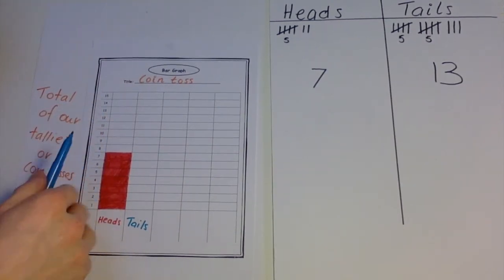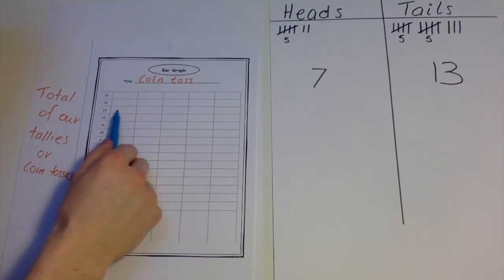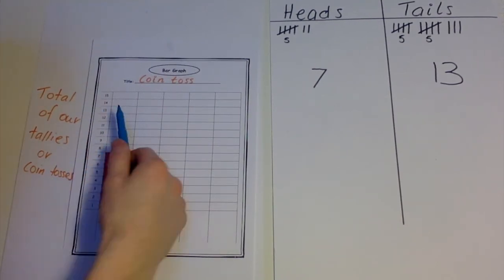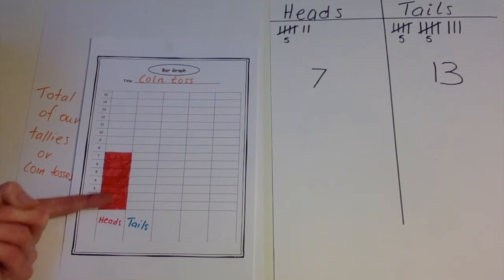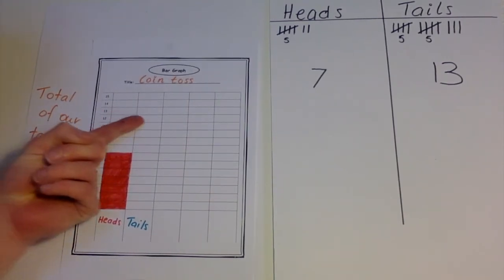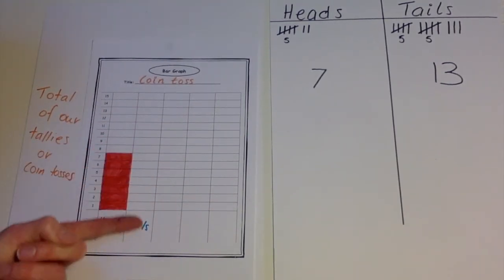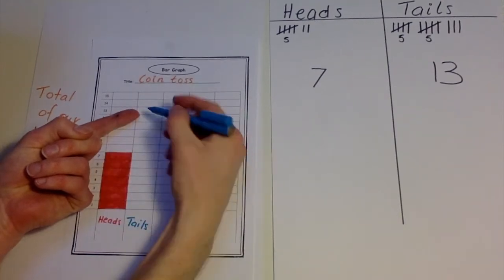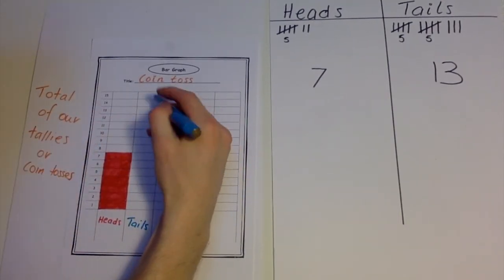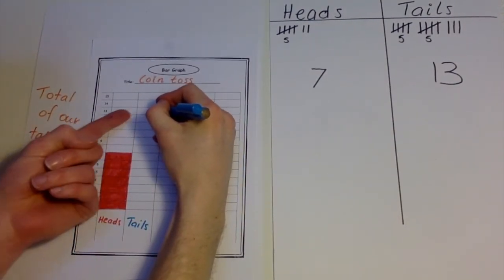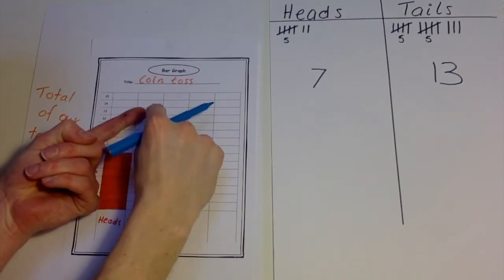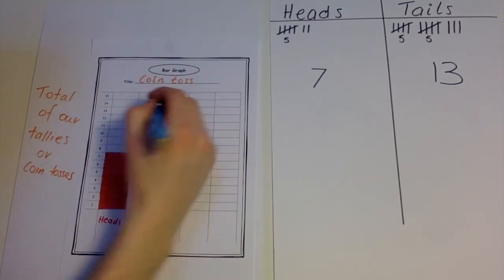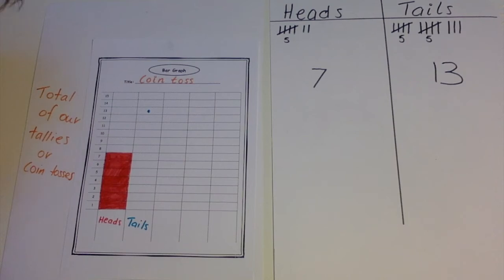I'll find 13, and then I'll go across. I don't go across the first one, because in the first one I've already got my heads, don't I? I need to go to the right column. So in my column here, I need to match them up. So 13, yep, and tails, yep, put a little circle there.